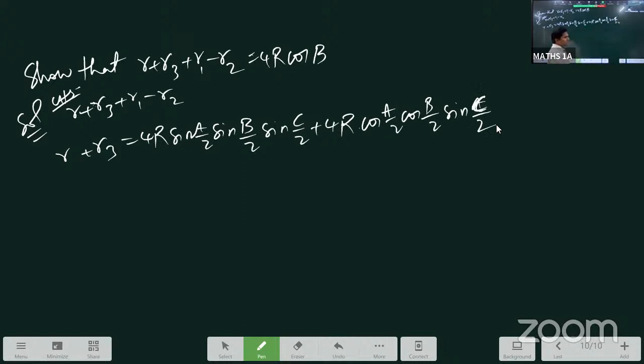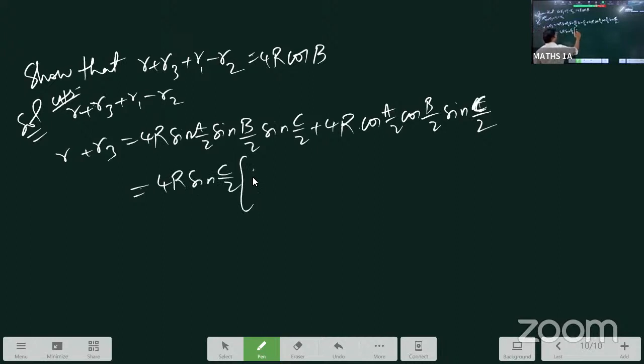In R1 means sin comes first, then cos and cos. R2 means cos, sin, cos. R3 means sin, cos, cos, sin. In the third position, you will get sin. Is it clear? Right.